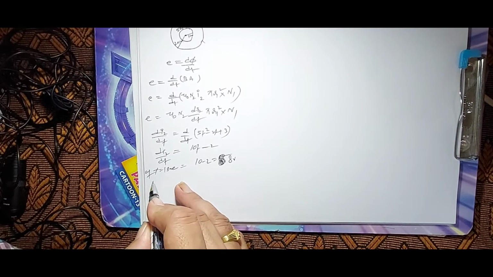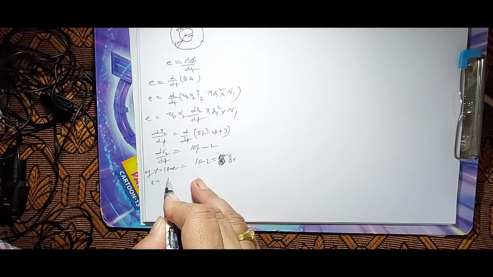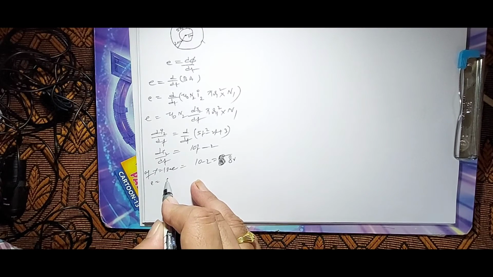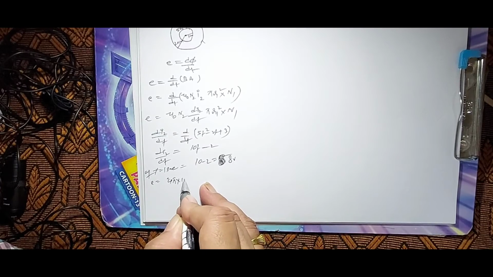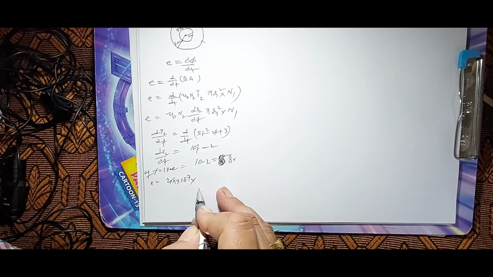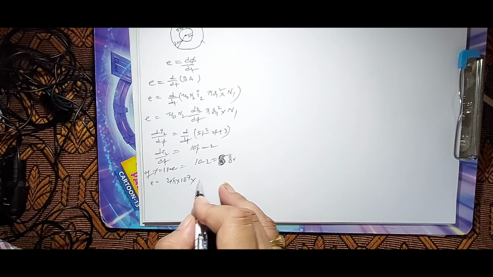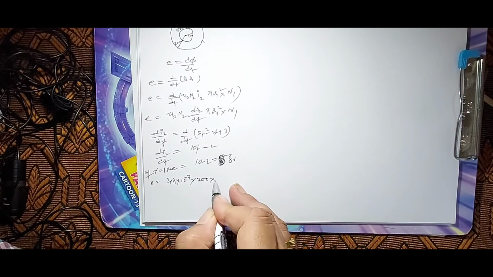Now E is equal to μ₀, which is 4π × 10⁻⁷, N₂, the number of turns in the secondary coil, 200.